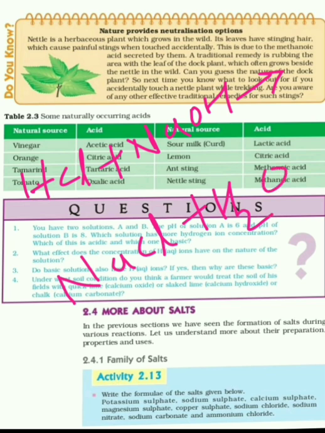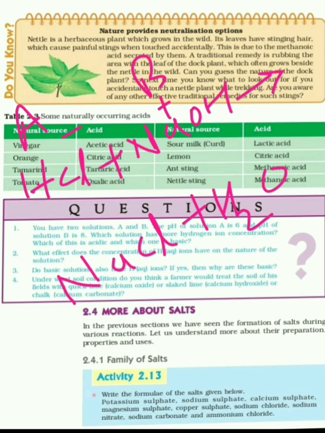Here this Cl is the negative ion of the acid. So HCl is the acid, NaOH is the base. This chloride is the negative ion of the acid and sodium is the positive ion of the base. So we can say that salts are formed due to the neutralization reaction, and these salts have the positive ion of the base and the negative ion of the acid.